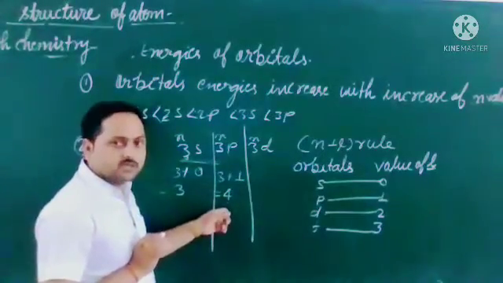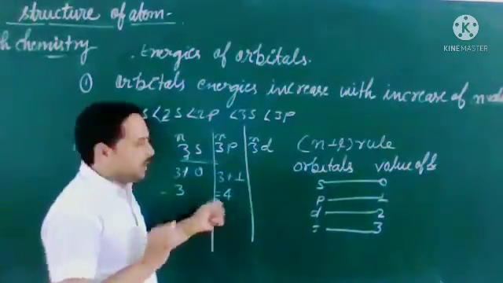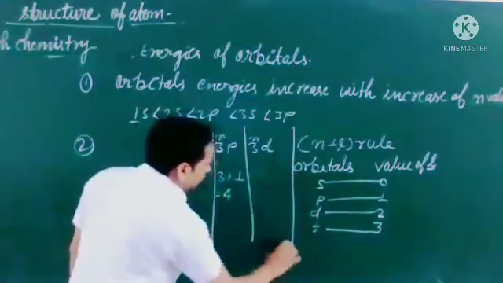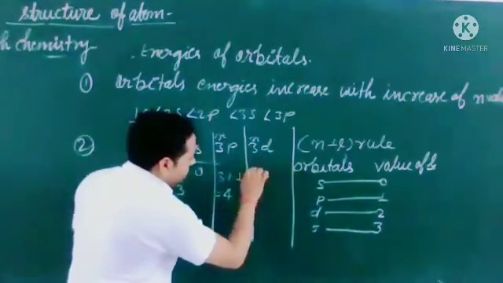Anybody has doubt about this? No, sir. Okay. For 3d, the n value is 3, plus L is 2.